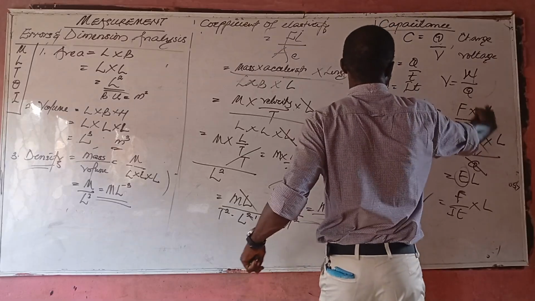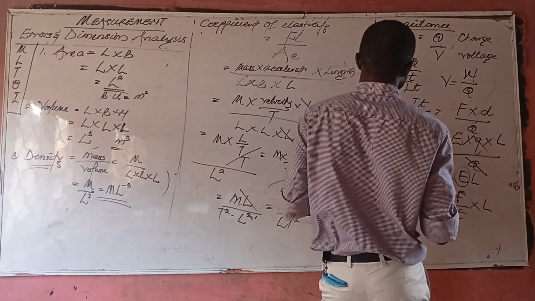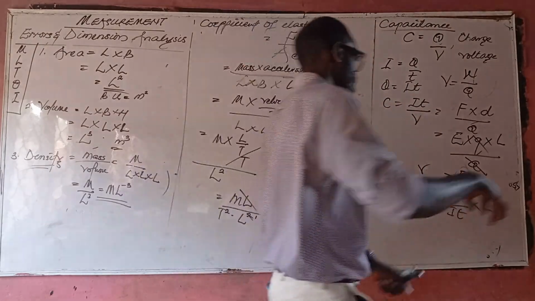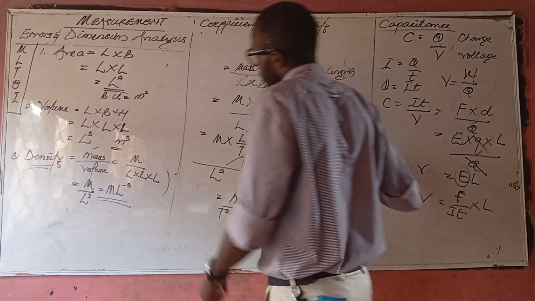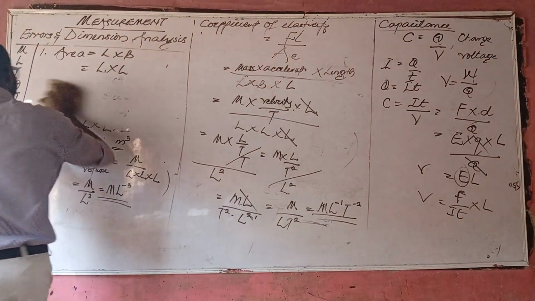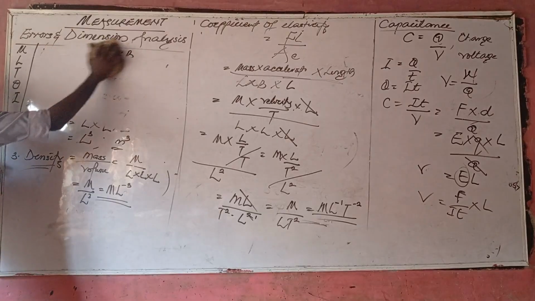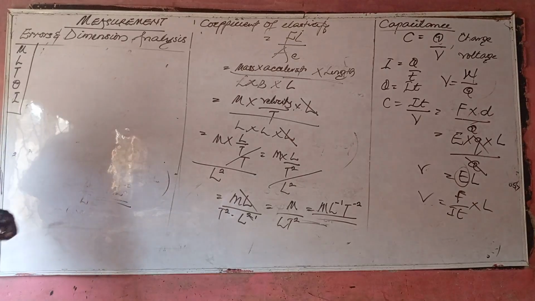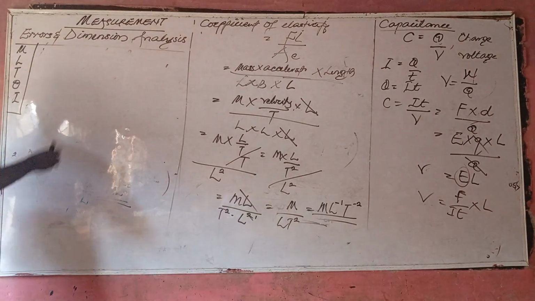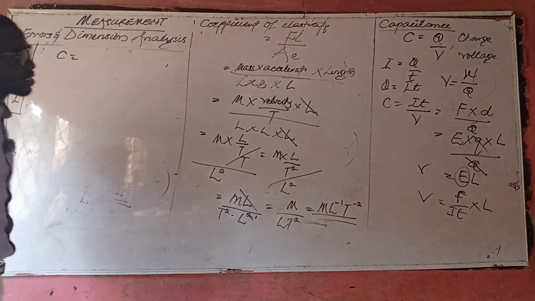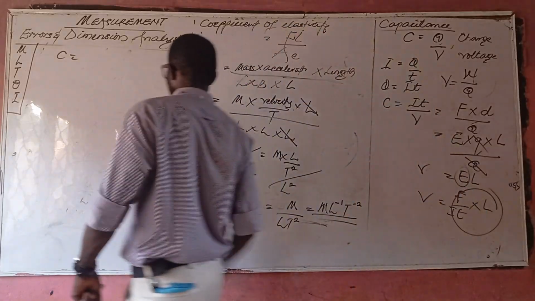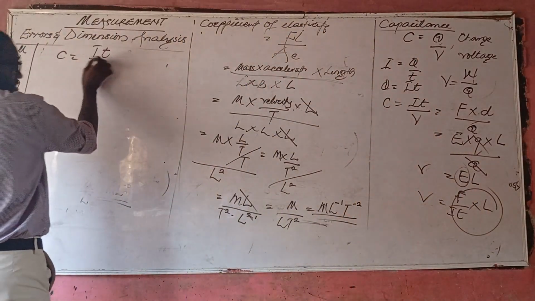So since we brought it back to this, we can therefore say that C is now I T over V, right?